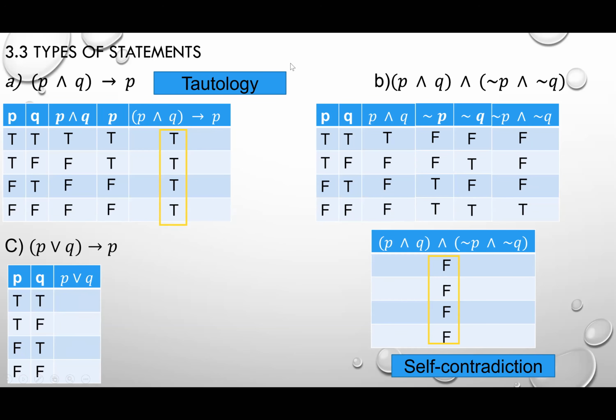And for me, this is how I remember: as long as I see a true, doesn't matter where, the result is true. In the first line I see a true, the result is true. The second line, I see a true, the result is true. And the third line, I see a true, the result is true. So I have true, true, true.